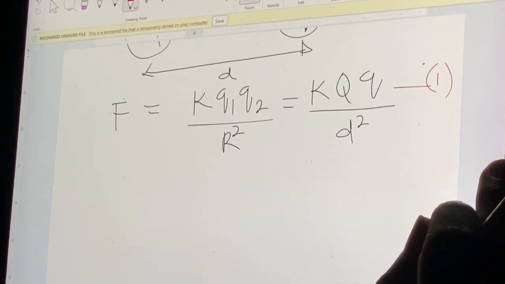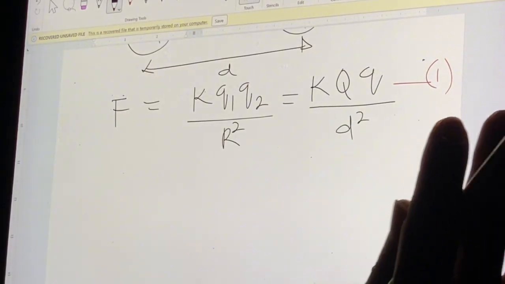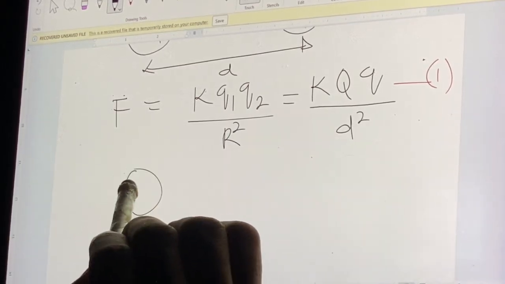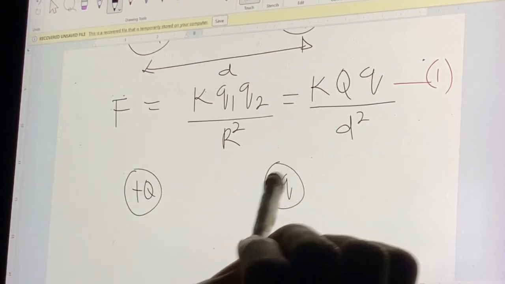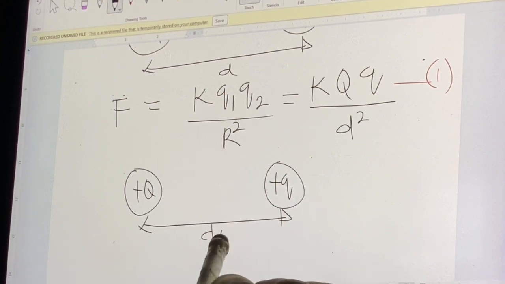So let's interpret the second statement. They said, what would the force be if the two charges are moved a distance d over 3 apart? Now the same two charges, plus capital Q and plus small letter q, are separated by a distance d over 3.